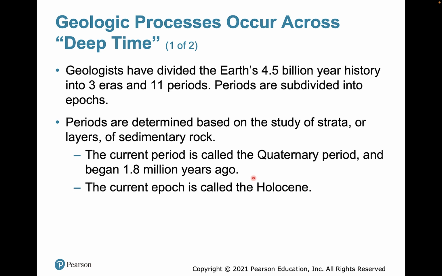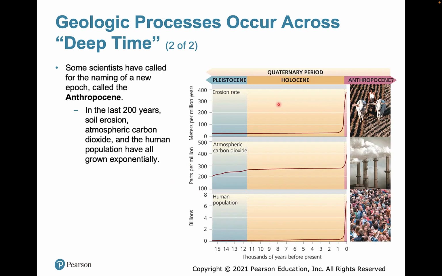So our current period is the Quaternary period, and it began about 2 million years ago, and our current subdivision of that is called the Holocene. So here we are, right? Pleistocene was before the Holocene, and now a lot of scientists are suggesting that we are now in a new epoch, and we should call it the Anthropocene, because over the last 200 years, we have increased the rates of soil erosion, atmospheric carbon dioxide concentrations, and we've seen an exponential growth in the human population that would be indicative of us heading into a new epoch.